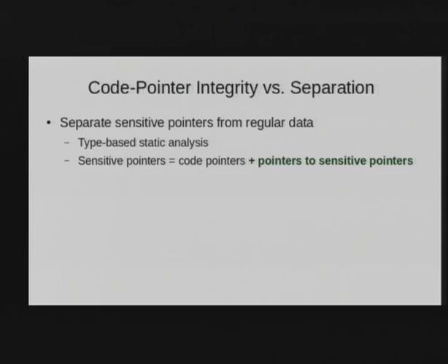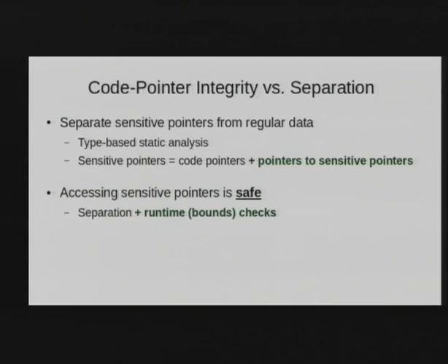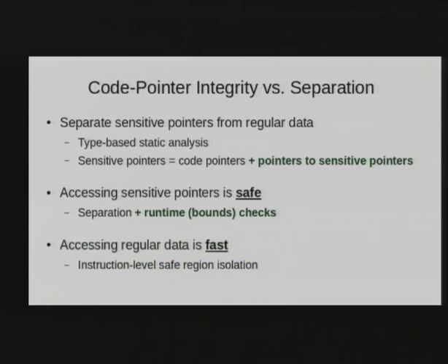For code pointer separation, it's code pointers only. Accessing sensitive pointers is always safe. For code pointer separation, we do have separation of the code pointers into its own memory area. But for code pointer integrity, we extend the separation with additional runtime bounds checks that ensure that no other value can be used to overwrite any pointer in the dereference chain.